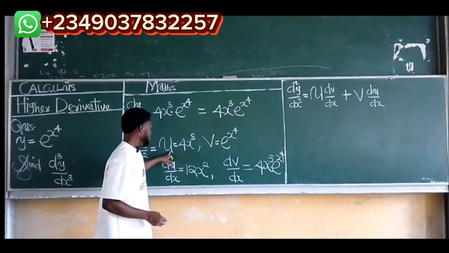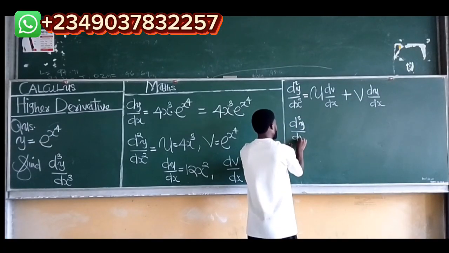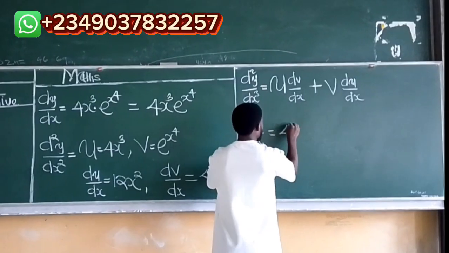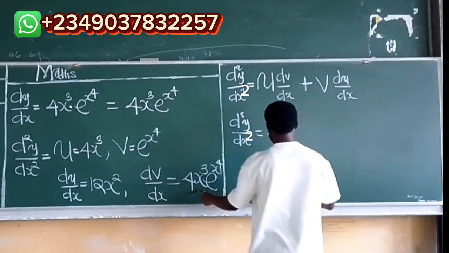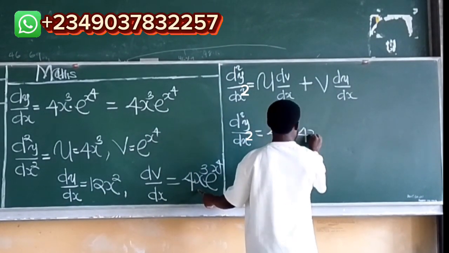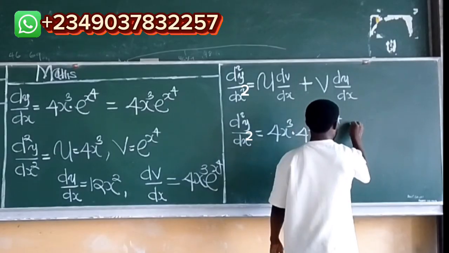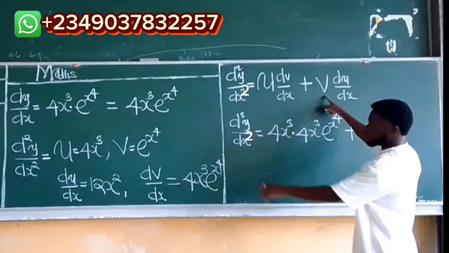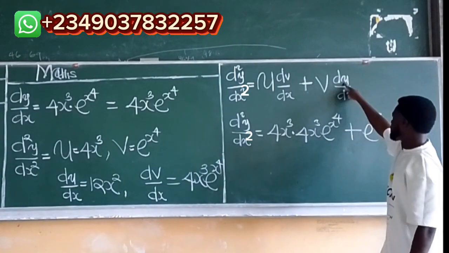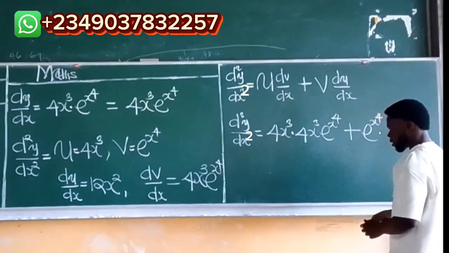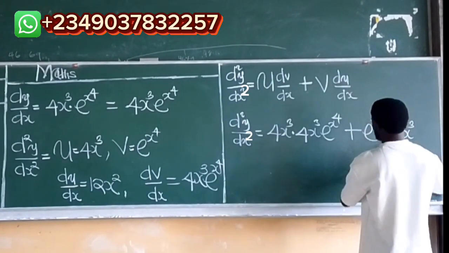That is to say, u is 4x^3. So d²y/dx² is equal to 4x^3, then multiplied by dv/dx, and that is times 4x^3 e^(x^4), plus v, which is given as e^(x^4), times du/dx, and du/dx is given as 12x^2.